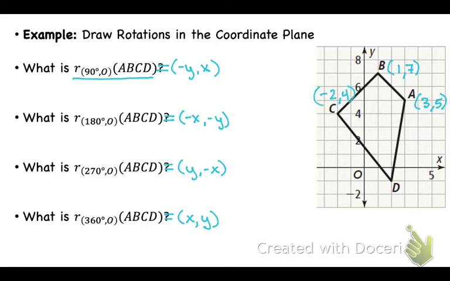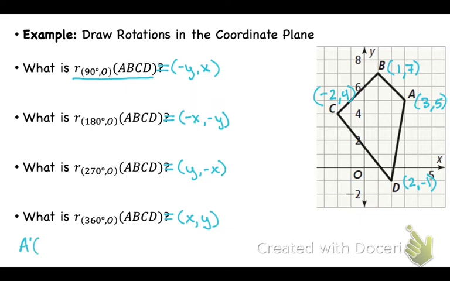Negative 1 and 1. Negative 2, negative 1. Guys, you have to keep your X and Y straight, don't you? Unless you will get it wrong every time. Okay, so 360, what's A prime? The same.